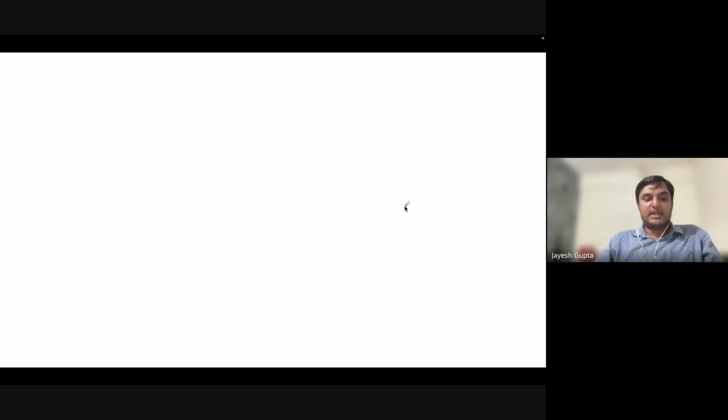Okay. So now let's take some example of the second type of bond, that is sidewise overlapping or parallel overlapping.